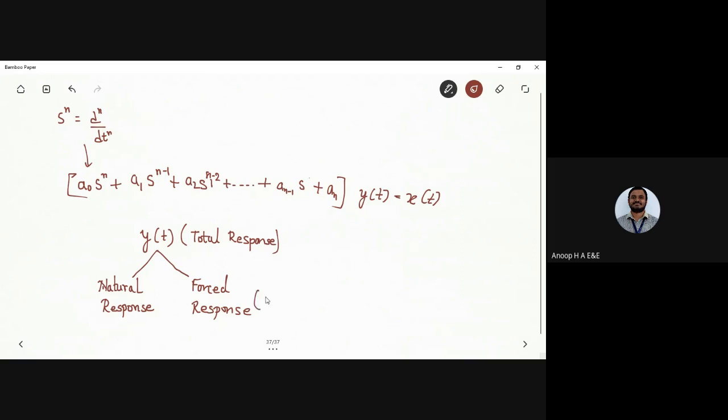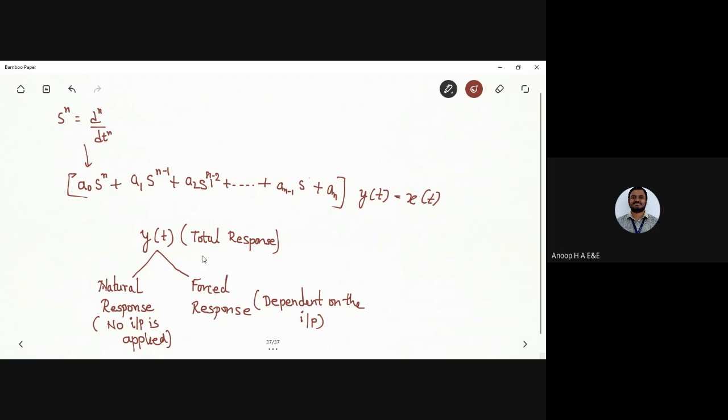This forced response of the system is dependent on the input applied, on the input signal that is applied. Next we have the natural response where no input is applied.